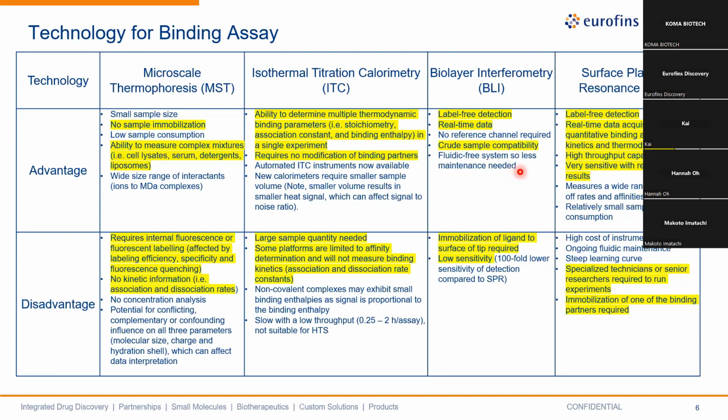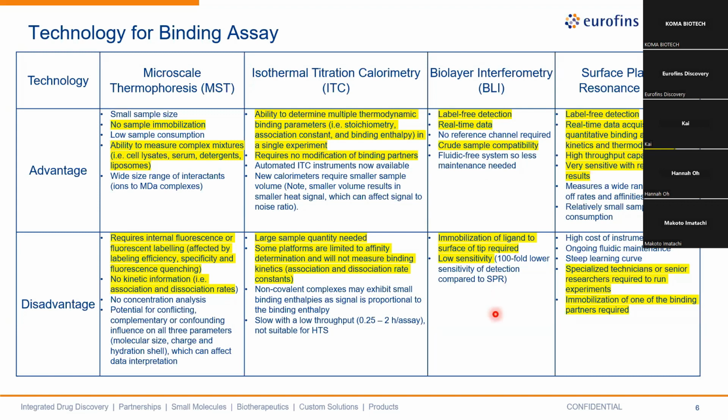And BLI is very similar to SPR, except that because they don't have a microfluidic system, its advantage is that you can deal with a crude sample such as serum, cell lysate. For SPR, you need relatively purified protein and also clean sample so that you don't clog the microfluidic system.